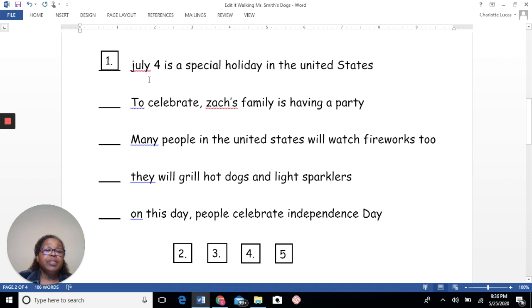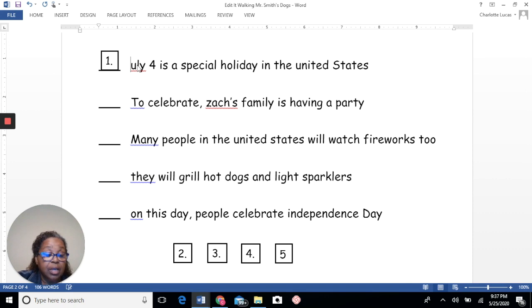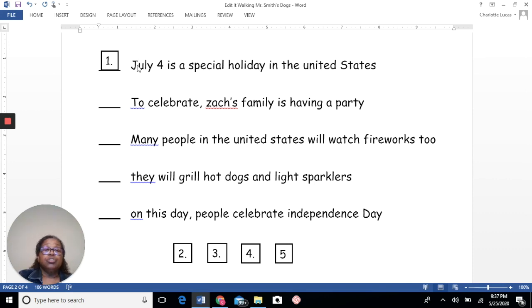First of all, this is the beginning of the sentence. So it has to have a capital letter. But this word July is also a month of the year. So we have to capitalize it. So let's go ahead and take care of that. July, that's the beginning of the sentence and a month in the year. Let's check to make sure that all of our sentences begin with a capital letter.